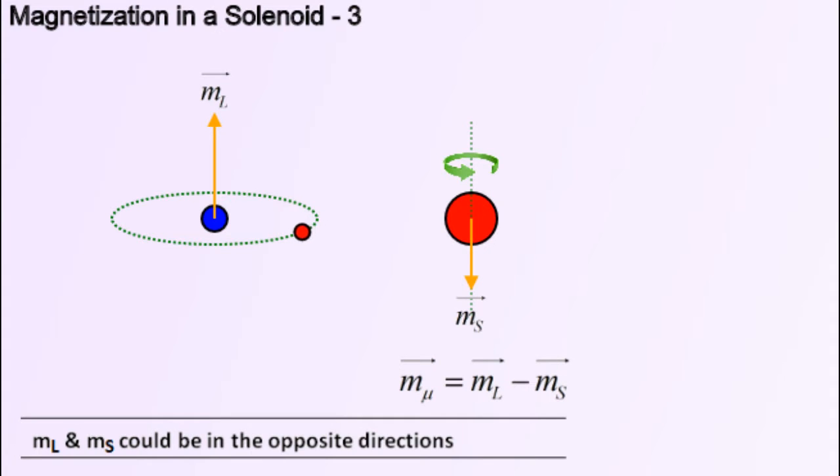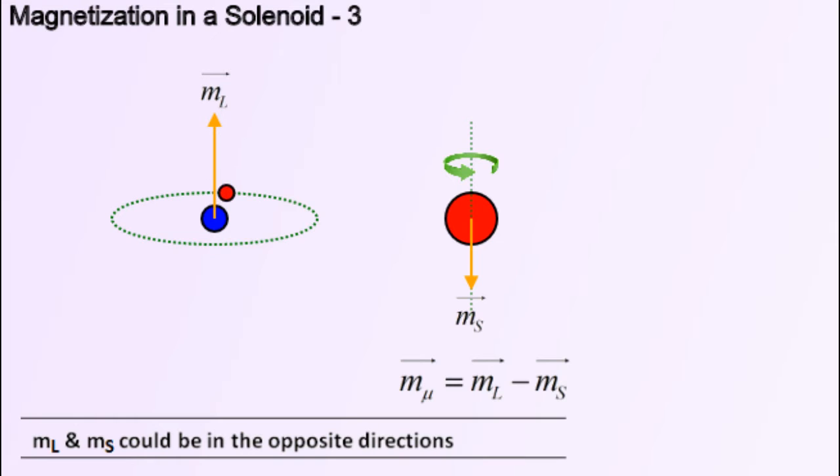Now we take a case where the electron rotates clockwise in an orbit around the nucleus, but its spin around its own axis is anticlockwise. Its magnetic moment, ml, due to its rotation around the nucleus, points upwards, but its magnetic moment, ms, due to its spin, will in this case point downwards.